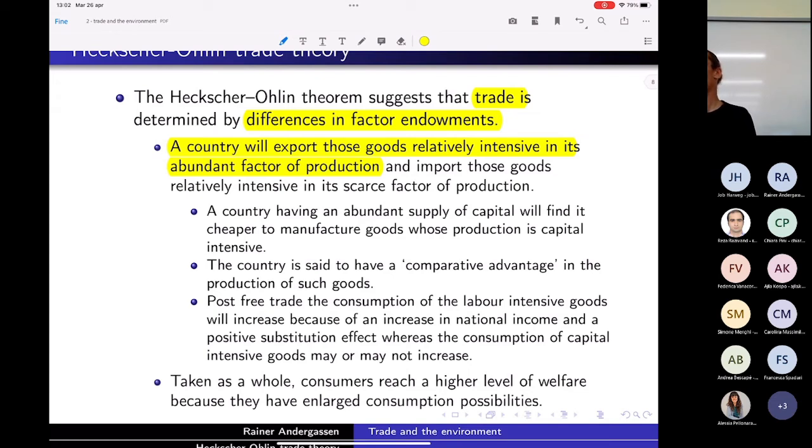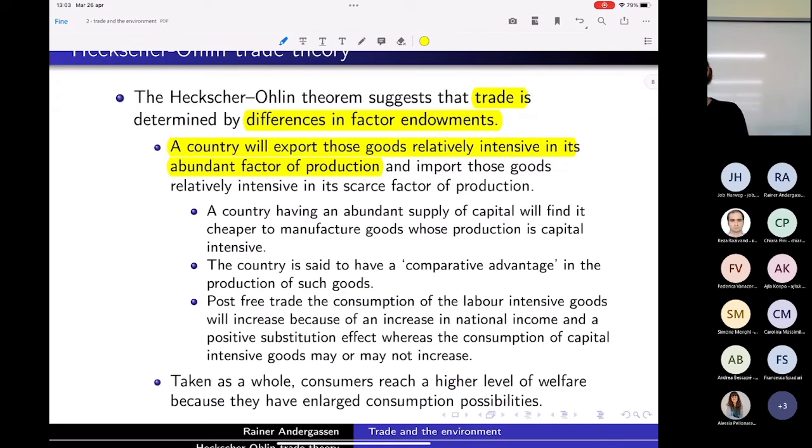Because capital is abundant, capital will be relatively cheap. And therefore, the production costs of capital intensive goods will be relatively low, and that's why the price will be relatively low.